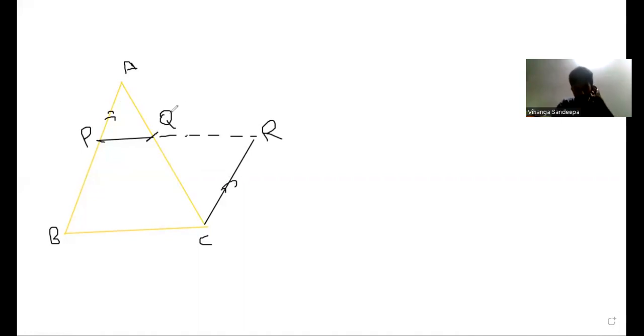Then we have to get a congruency when considering the triangles APQ and QCR.